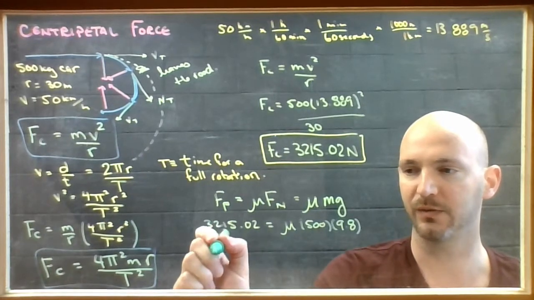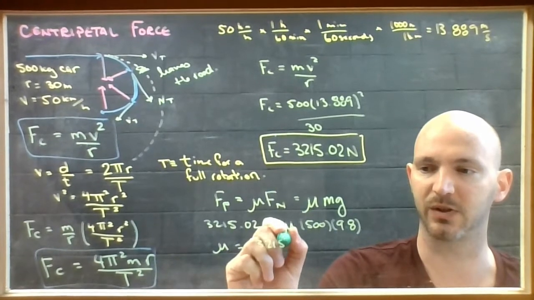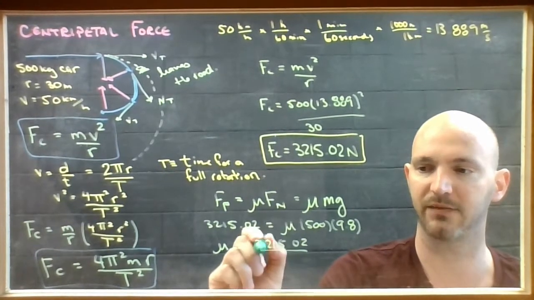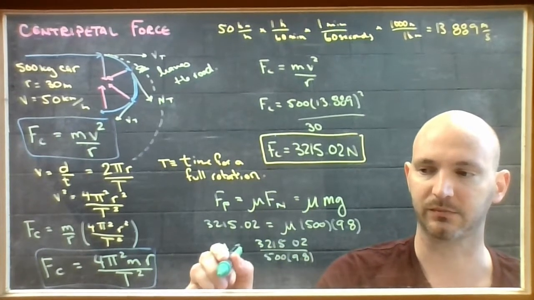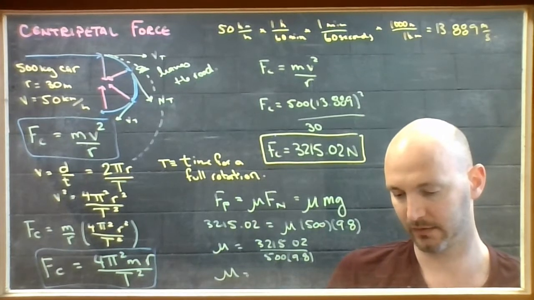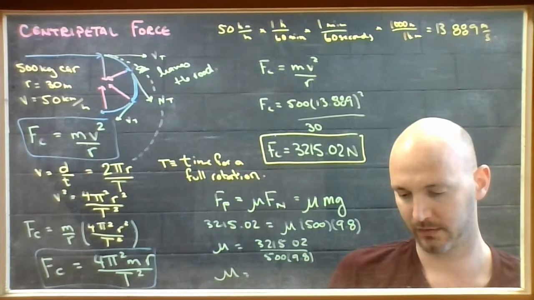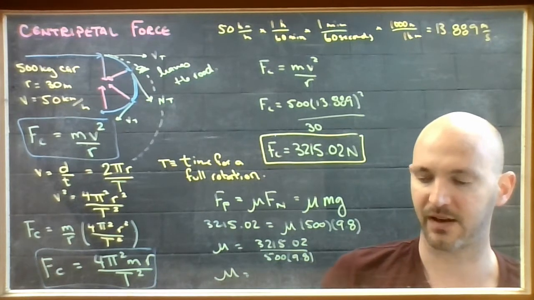So if I do 3215.02 and I divide it by 500 times 9.8, I would get 0.656.